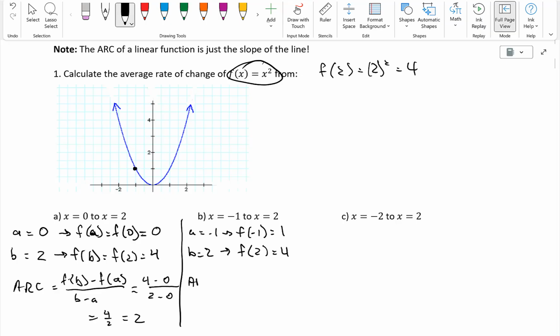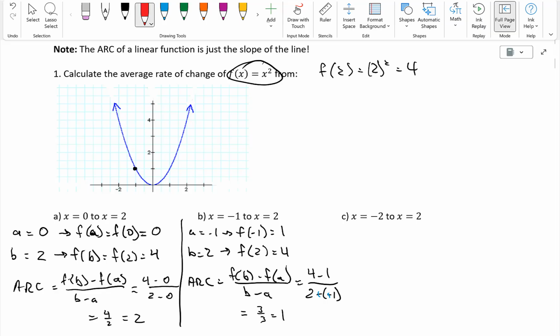So our average rate of change, we can write one more time, (f(b) minus f(a)) over (b minus a), just to get used to it. We get (4 minus 1) over (2 minus -1). That minus a negative becomes a plus 1, which gives us a 3 over 3, or 1.